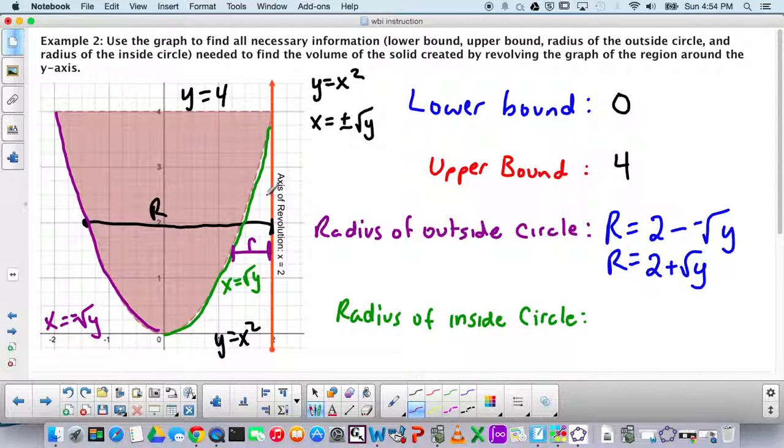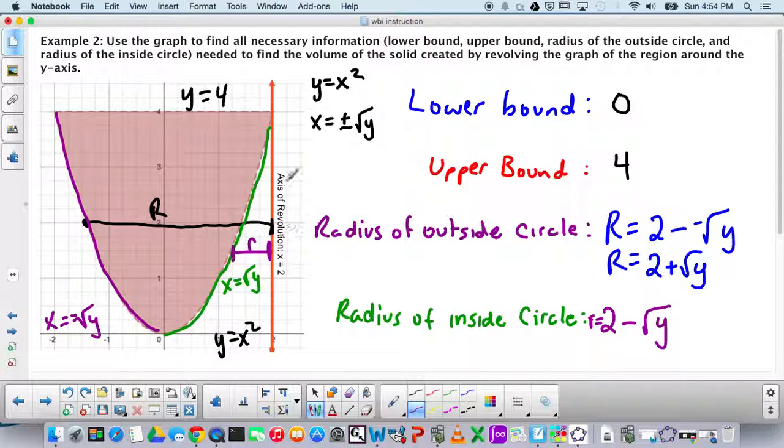So here's our little r. To find that distance, we're going to take the rightmost function, which in this case is the axis of revolution. So 2 minus this green part here, which is the function x equals the square root of y. So 2 minus square root y is going to be our little r, and I'll squeeze it in here. Little r equals 2 minus the square root of y.